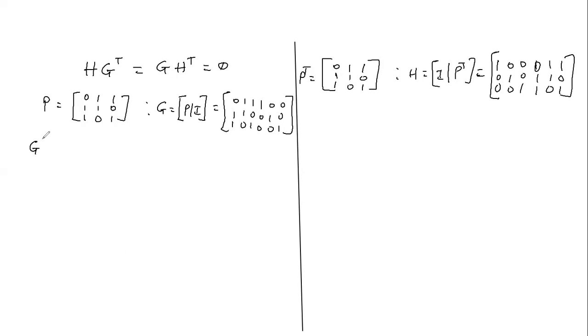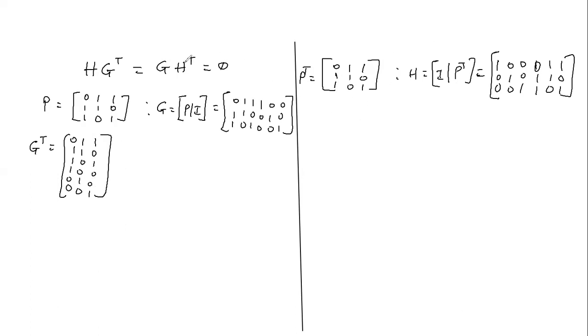Now, we need to take the transpose of the generator matrix. So the transpose of the generator matrix is going to give us 0, 1, 1, 1, 0, 0, then 1, 1, 0, 0, 1, 0, and 1, 0, 1, 0, 0, 1, right? That is the transpose.